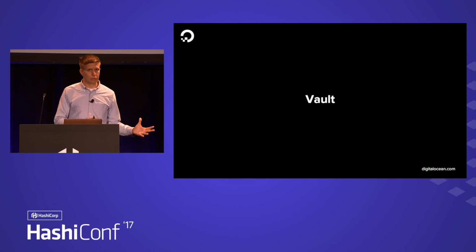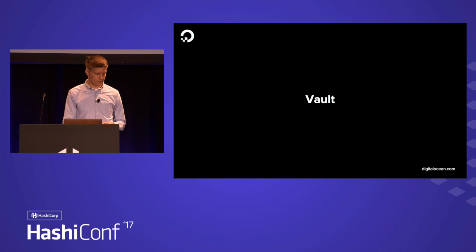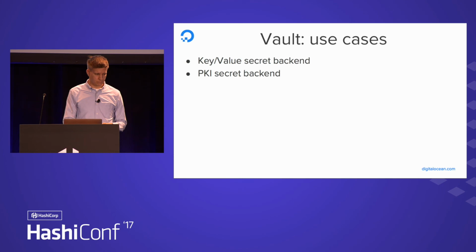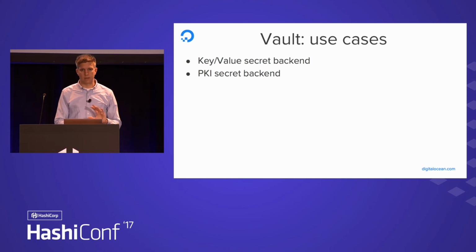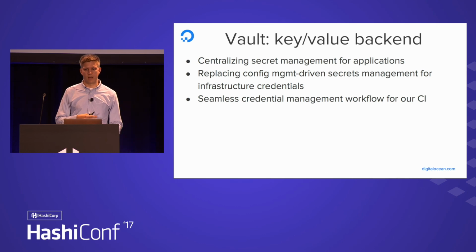Well, we do, but we are in the process of centralizing those. The two things we use are the KeyValue secrets and the PKI or certificates backend. And like I mentioned, Vault has enabled our application teams to start centralizing and bringing in their secrets from different encryption and management systems that we have across the stack.